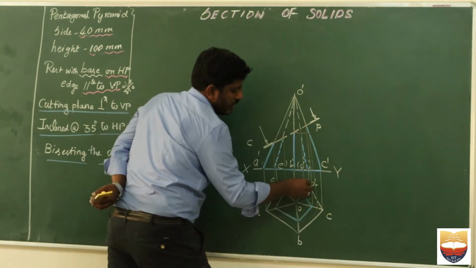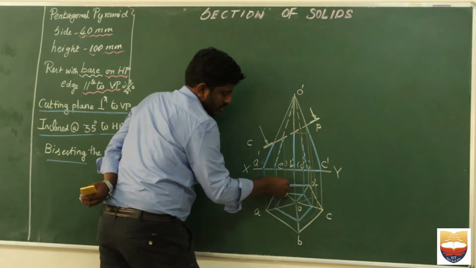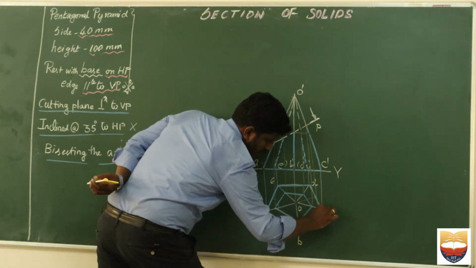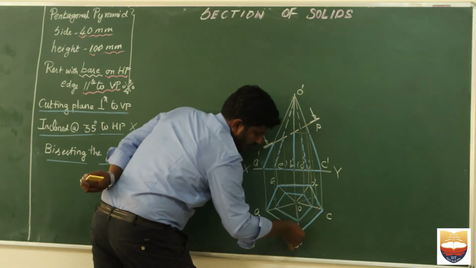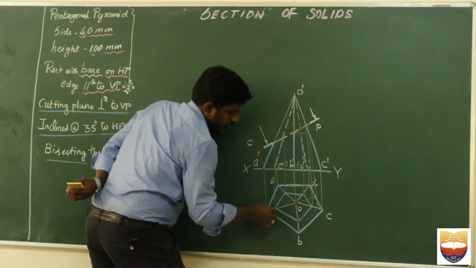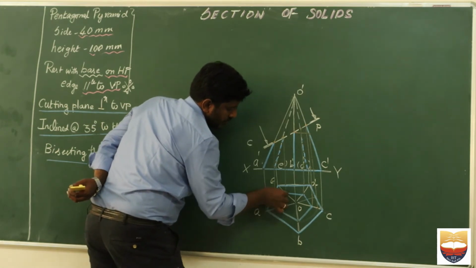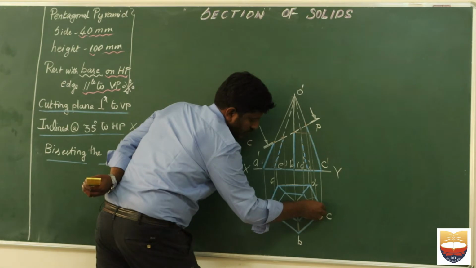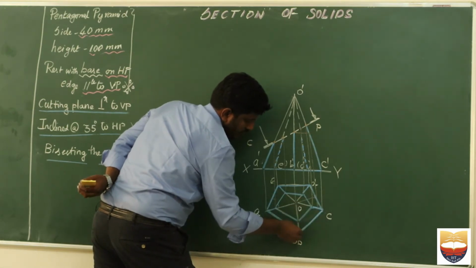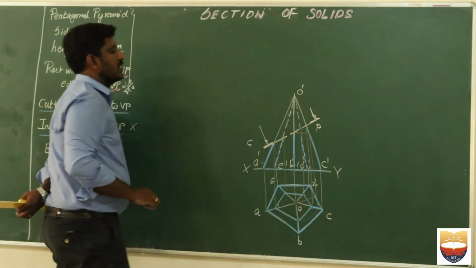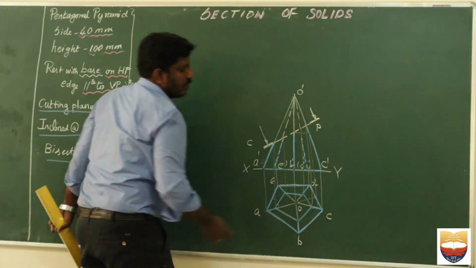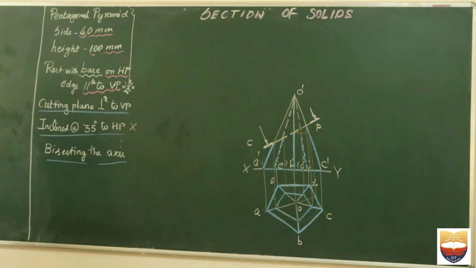So don't forget to have all your points connected. So this is how it is being completed. So hence the top portion will be removed. This entire part is being removed. So now I have to hatch it.